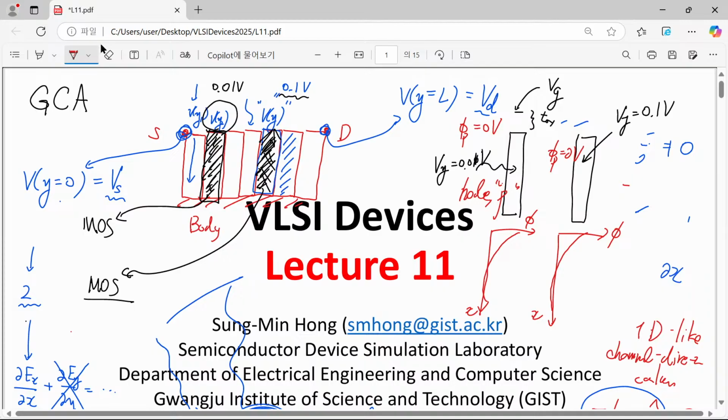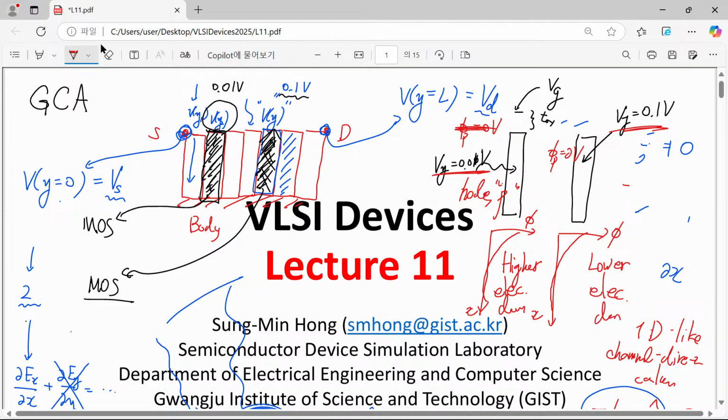But since they do not share the same electron quasi-Fermi potential, this left one has higher electron density, and the right one has lower electron density.